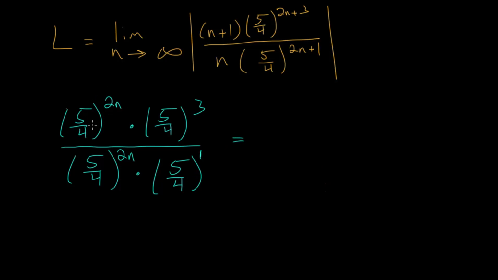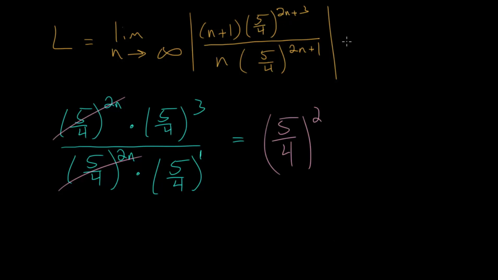And we have this same factor in the numerator and denominator, this 5/4 to the 2n power, which we can then cancel out. And we have 5/4 to the third divided by 5/4 to the first. We can use exponent properties since they have the same base. We can subtract the exponents so that we get 5/4 raised to the second power.